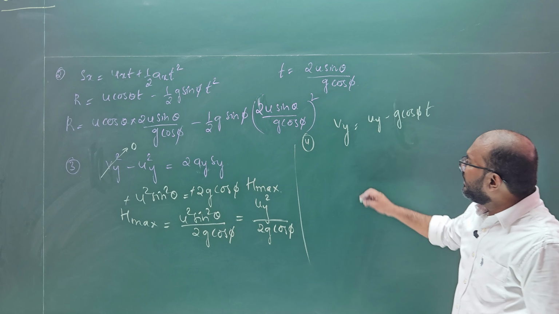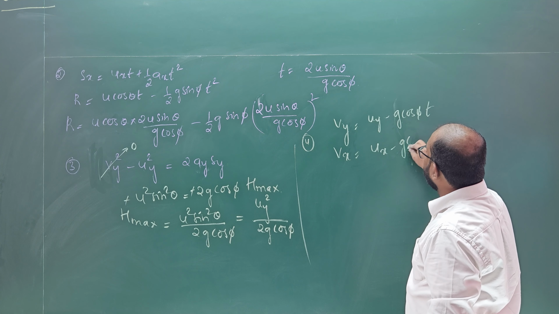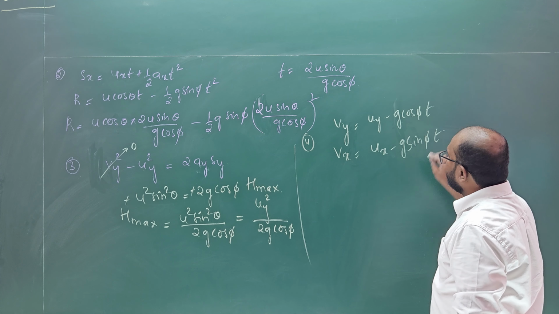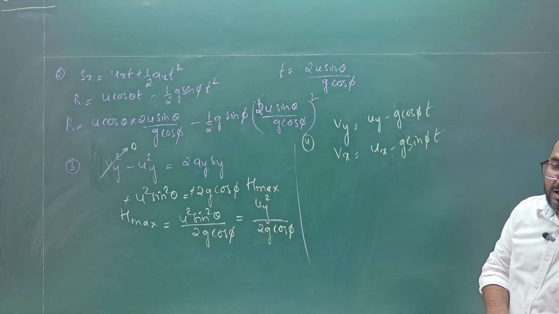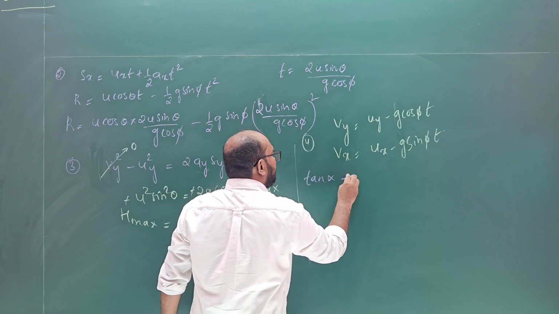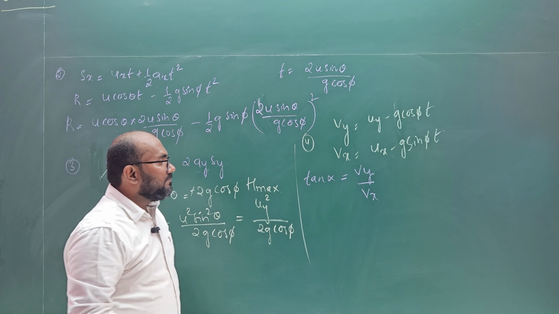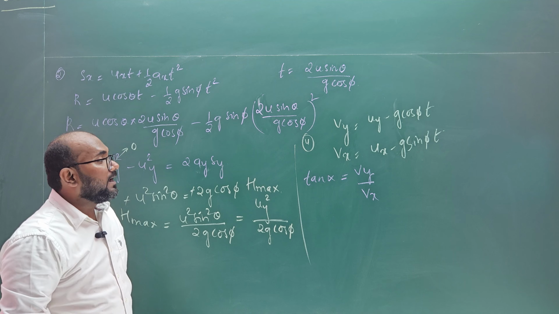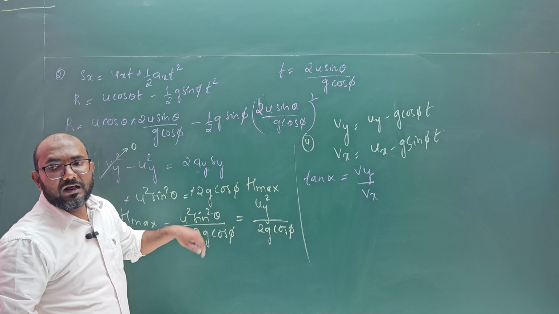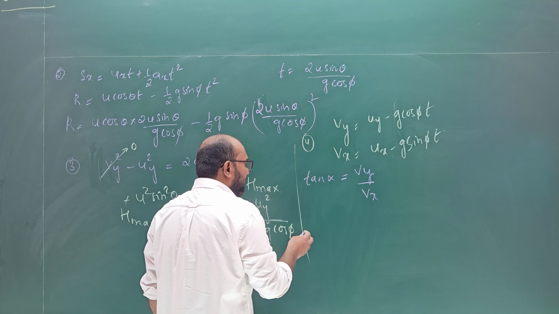Similarly, Vx can be written as ux minus g sin phi into t. If they ask for tan alpha, then tan alpha is Vy upon Vx. Again the same thing applies. Before Hmax the y velocity is upward and after Hmax it is downward. Same scenario and same concept.